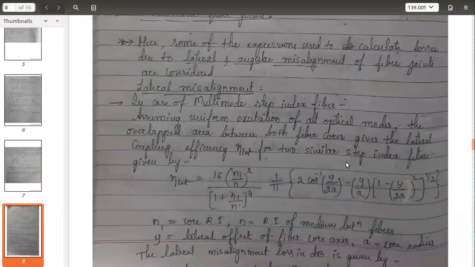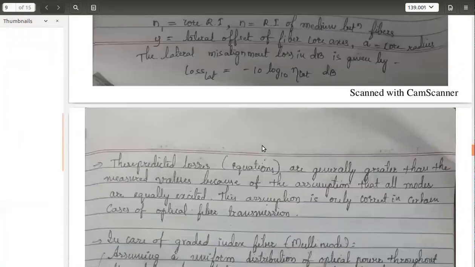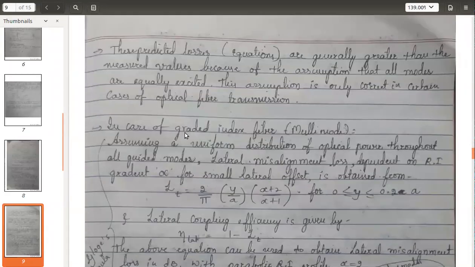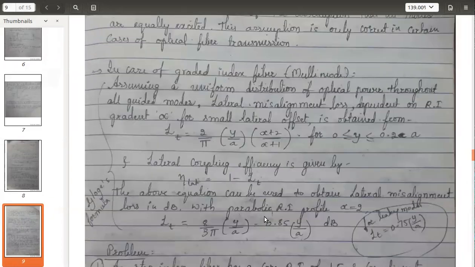For the lateral misalignment in multi-mode step index fiber, we have the coupling efficiency equation and the loss equation. We have even solved two problems, if you remember. In case of graded index, we have LT, the lateral misalignment loss with the lateral offset of Y. LT is given by this equation, and the coupling efficiency is 1 minus LT.